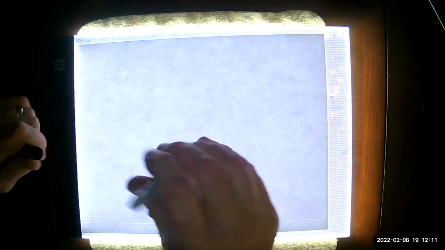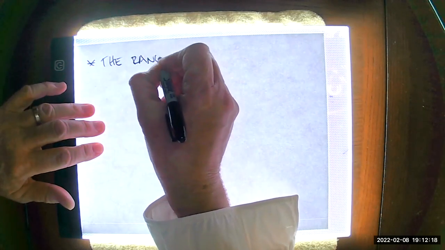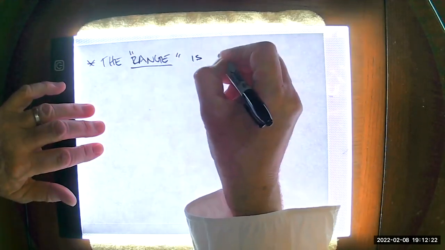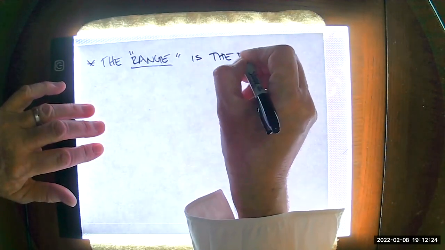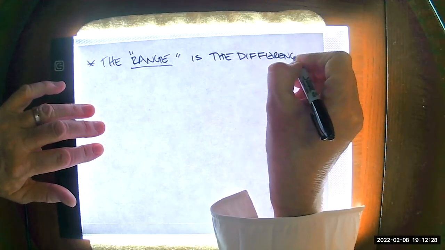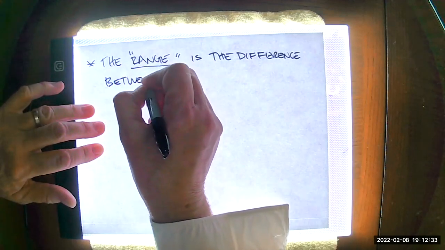And the most basic measure of variation is what we call the range. And the range is just the difference between maximum and minimum values.